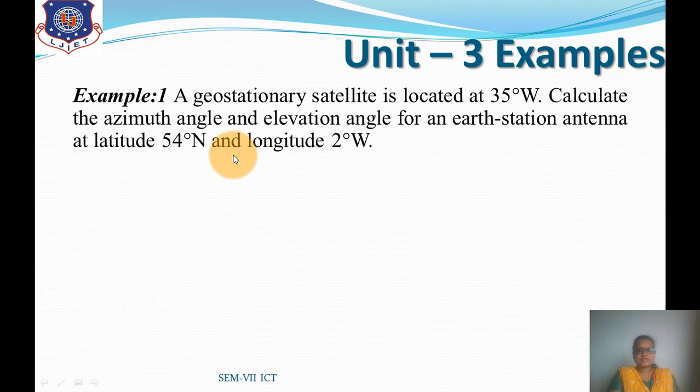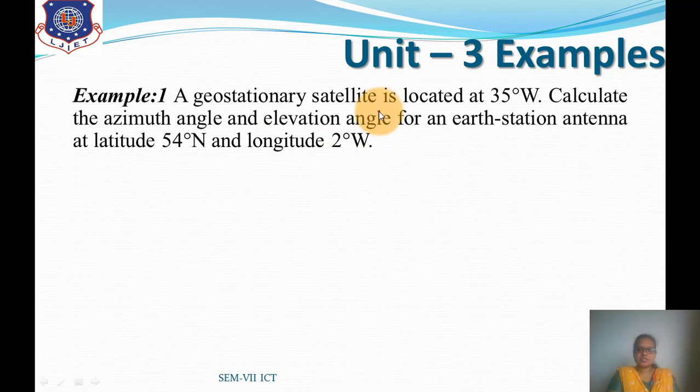A geostationary satellite is located at 35 degree west. Calculate the azimuth angle and the elevation angle for an earth station antenna at latitude 54 degree north and longitude 2 degree west, right?